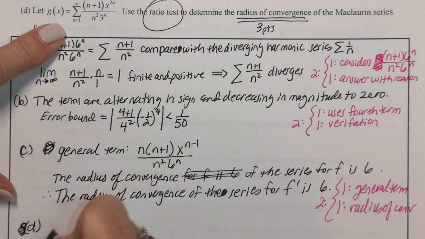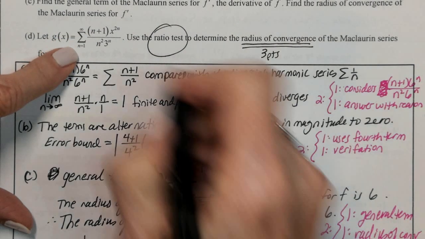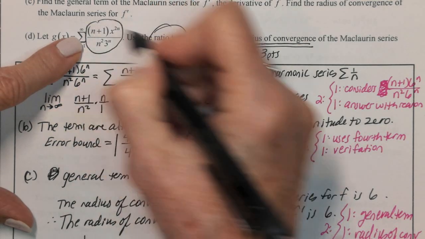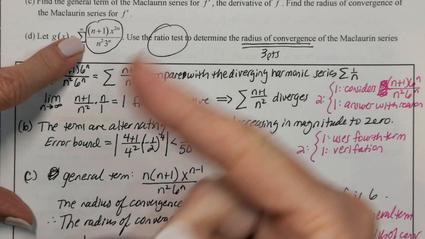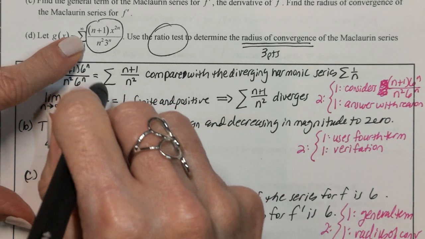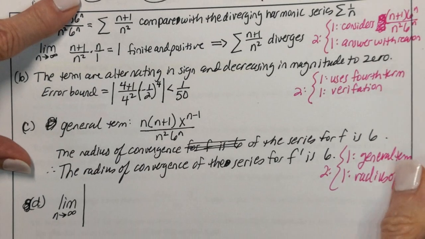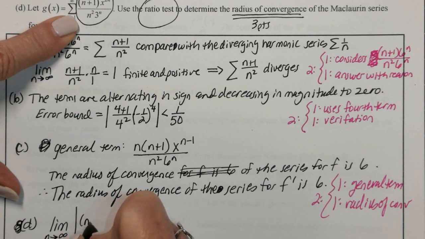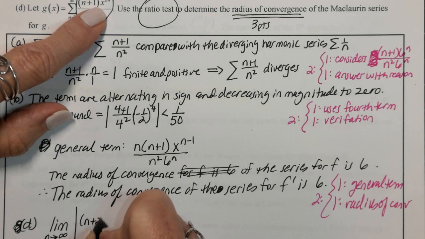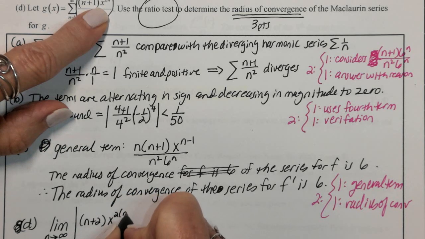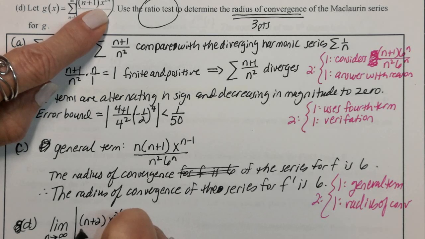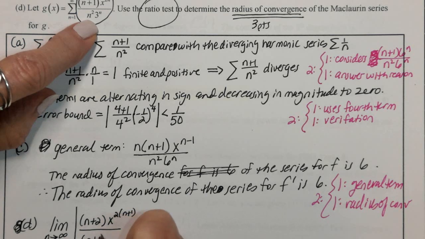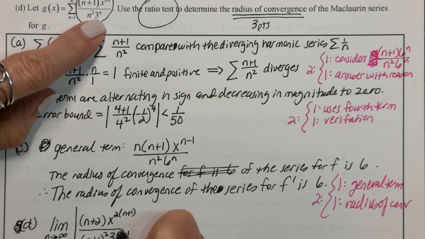All right, ratio test. So limit, remember it's a limit. N is going to infinity, absolute value. Take your a sub n, write the n plus 1 terms. So replace every n with n plus 1. We'll have n plus 2, x to the 2 times n plus 1, divided by n plus 1 squared, 3 to the n plus 1.